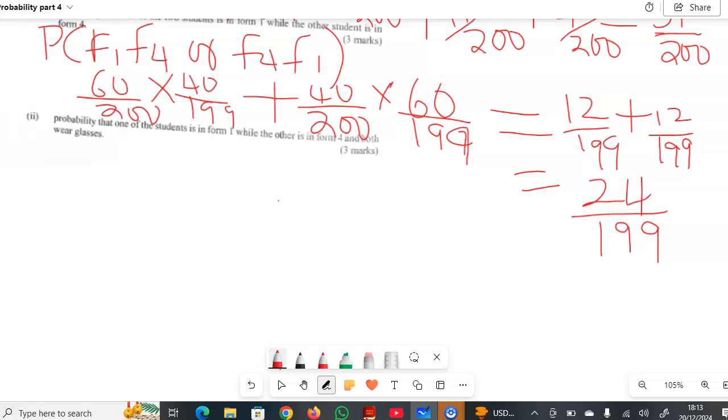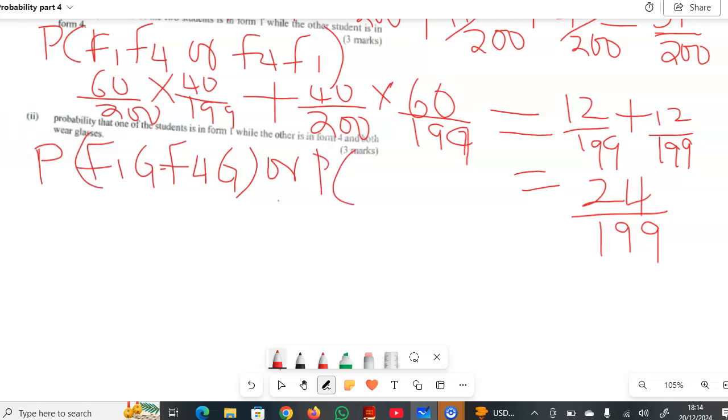So the last question is the probability that one of the students is in Form 1 while the other one is in Form 4 and both wear glasses. Either the probability of Form 1 wearing glasses, then Form 4 wearing glasses, or the first student is Form 4 wearing glasses, then Form 1 wearing glasses.